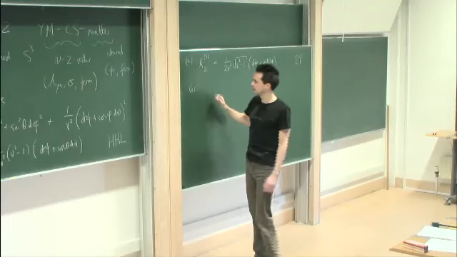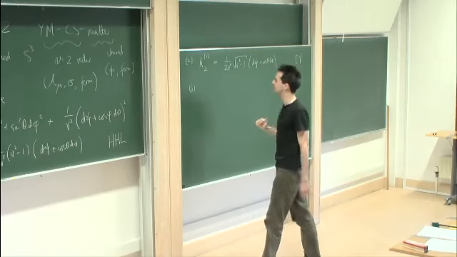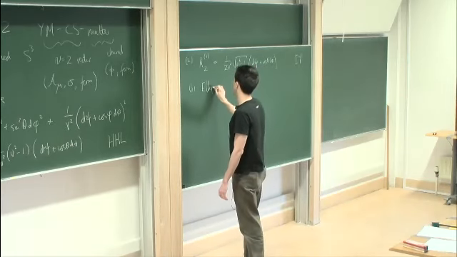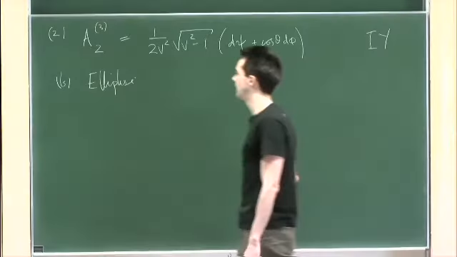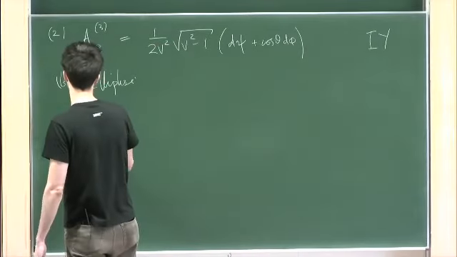And the other model, which is perhaps more famous, is the elliptically squashed S3. And that has a more complicated metric.